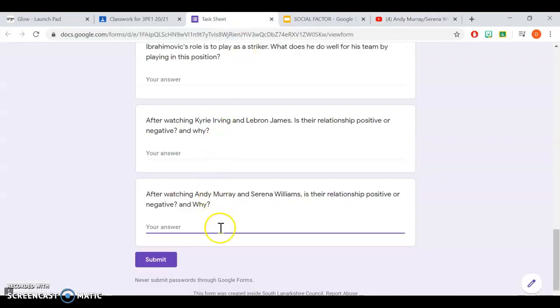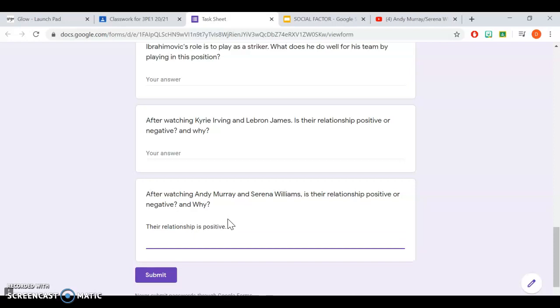So what I'm going to do here is I'm going to write my first part. So, their relationship is positive. Now, it doesn't stop there. It allows you to then move a couple of lines down. I need to tell the teacher why.